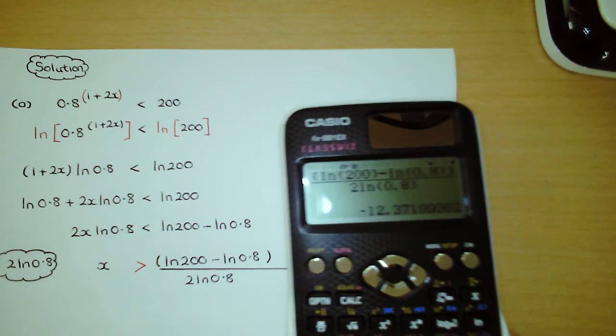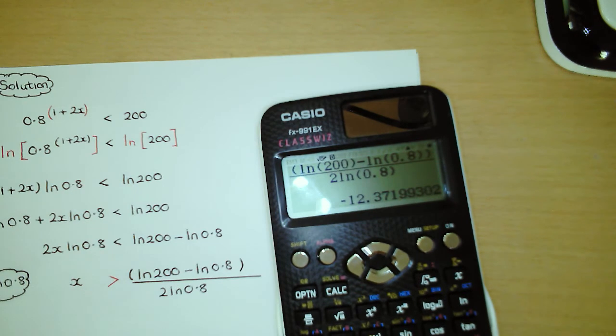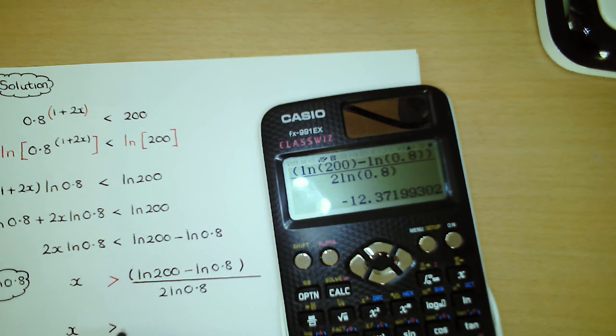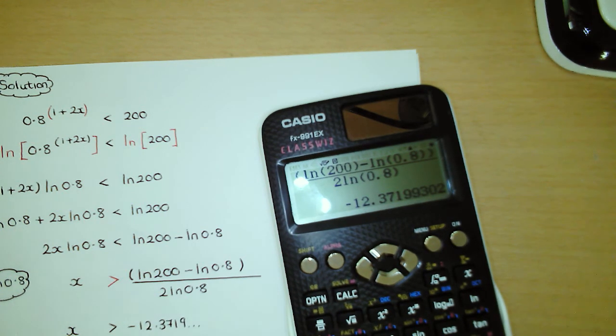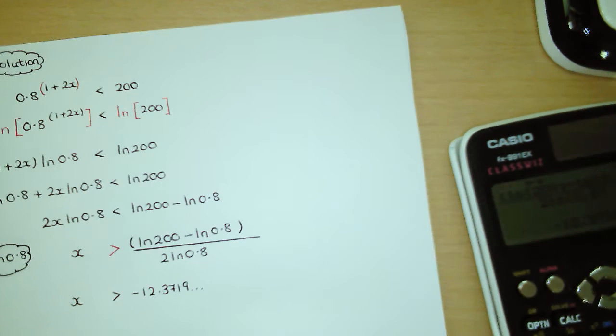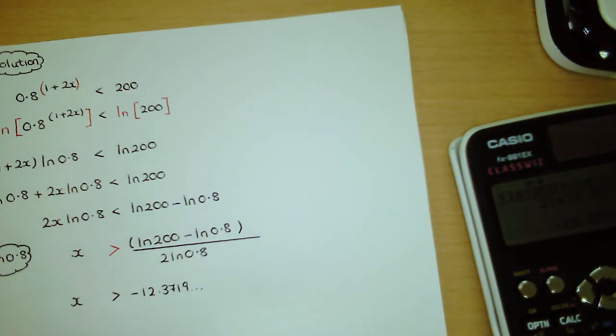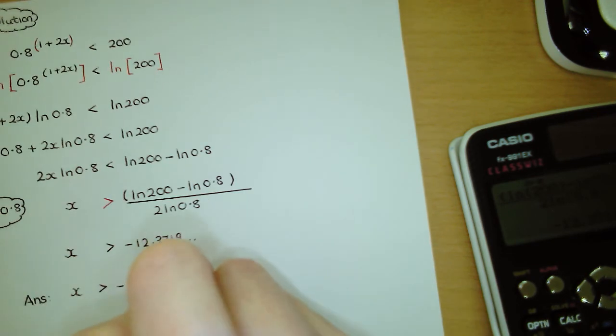Okay, and that's going to give us a negative, so that is going to give us x is greater than minus 12.371, and then we'll round it to 3SF, so final answer, x is greater than minus 12.4, and that is to 3SF.